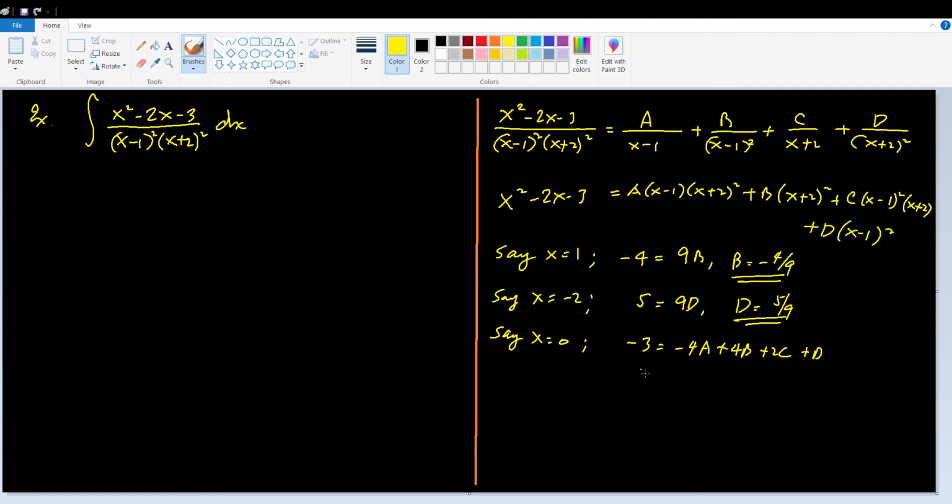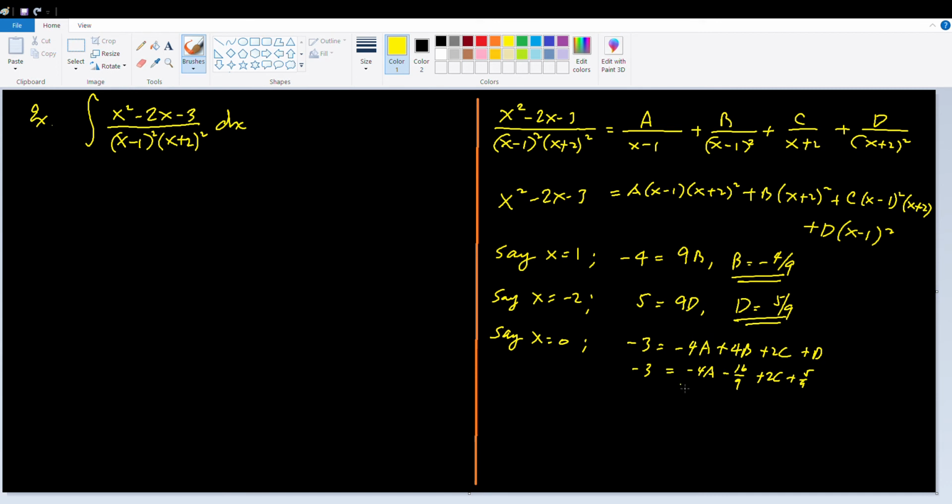So negative 3, we substitute the values of b and d. For 4b, 4 times negative 4 over 9 is negative 16 over 9, plus 2c, plus d, which is 5 over 9.